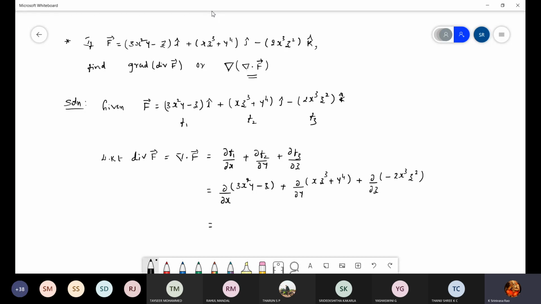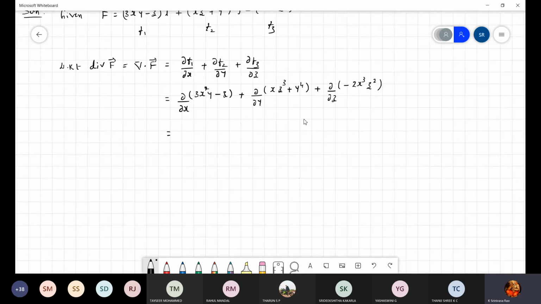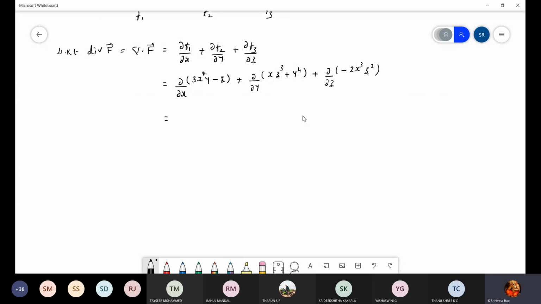Now differentiate. Partially with respect to x, x square gives 6xy, and z becomes 0. The second term with respect to y gives 4y cube.